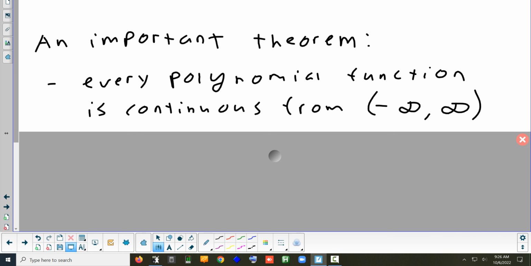Think of a parabola. You can't give me a parabola that I would ever have to lift my pencil to draw. It's impossible. Every single parabola that exists can be drawn from anywhere to anywhere without ever lifting your pencil.